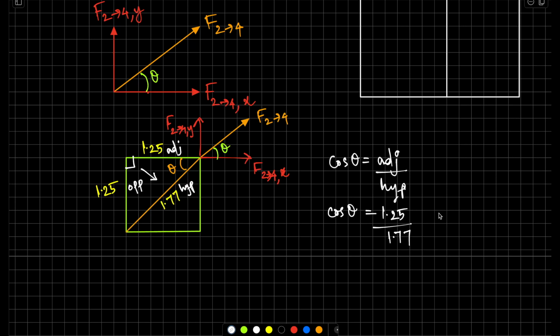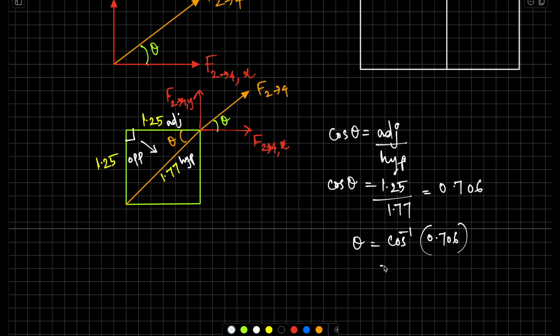So cos theta is 1.25 divided by 1.77, which is 0.706. Theta equals cos inverse of 0.706, which is 45 degrees. So this angle is 45 degrees.